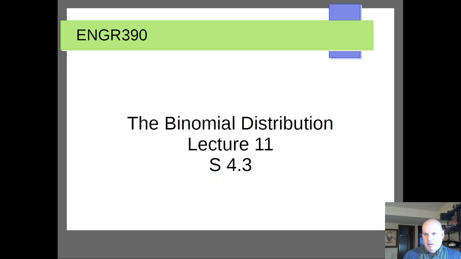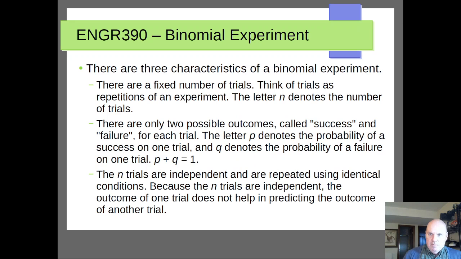So we're going to start talking about some particular distributions that you'll encounter with discrete random variables. Uniform distribution is probably one of the more common ones, and then right behind that is what's known as the binomial distribution. So there are three characteristics of a binomial experiment.